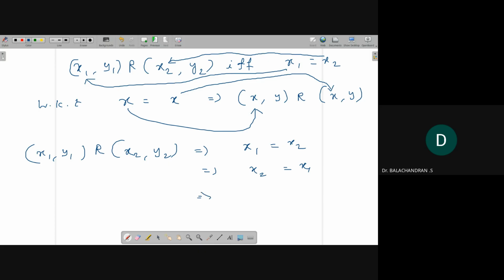You can write first x2 and then x1, and whatever you need here, y2 and y1. Sorry, here I can't put equal to; they are related by definition. So this implies R is symmetric. The third one I will show you in the PDF.